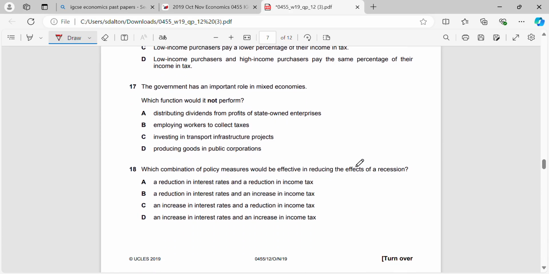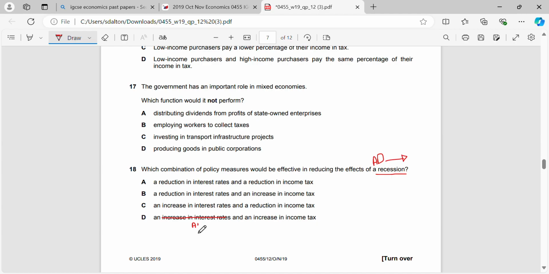What combination of policy measures would be effective in reducing the effects of a recession? So remember, in order to fix a recession, we're looking for things that will move AD to the right. So if we go through these, an increase in interest rates is going to move AD left.